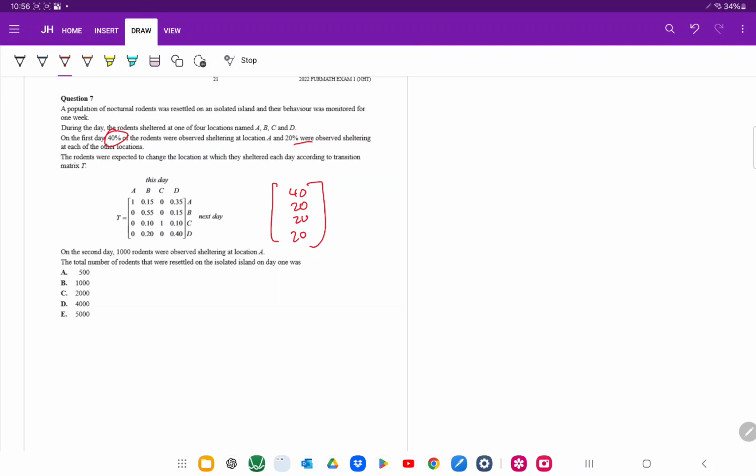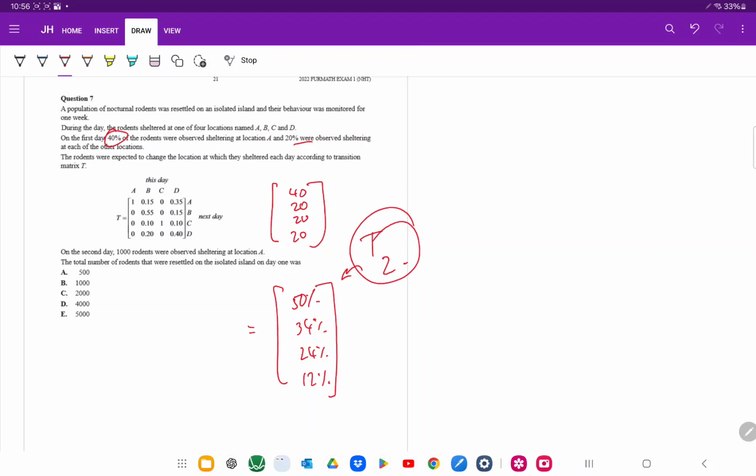On the second day, 1,000 rodents were observed in sheltering location A. If we set up this equation, we end up with 50%, 34%, 24%, and 12%. That's after we find T2. So T2 will result in this.